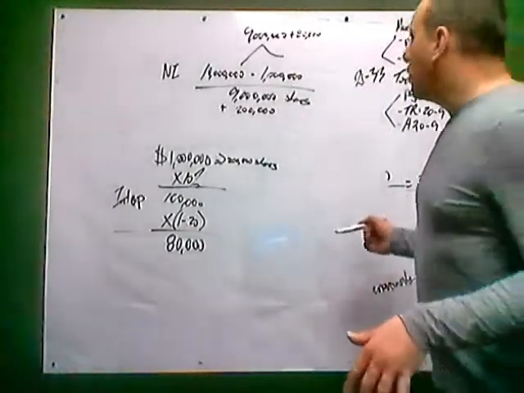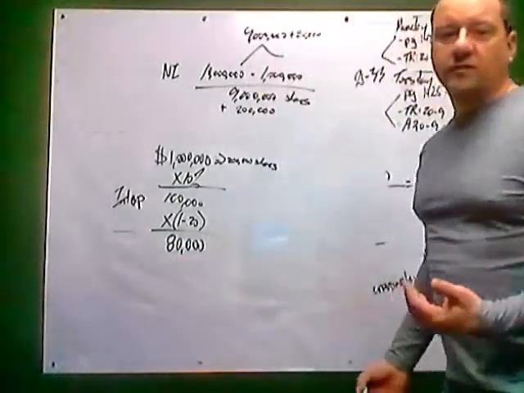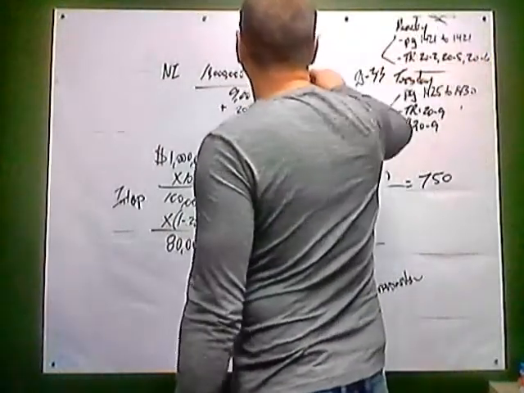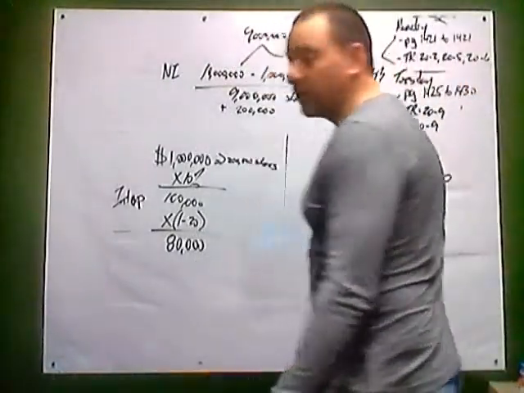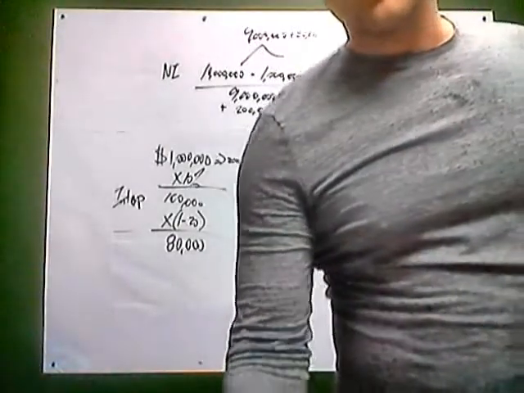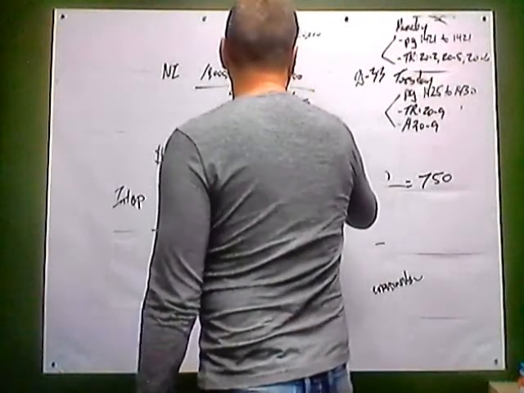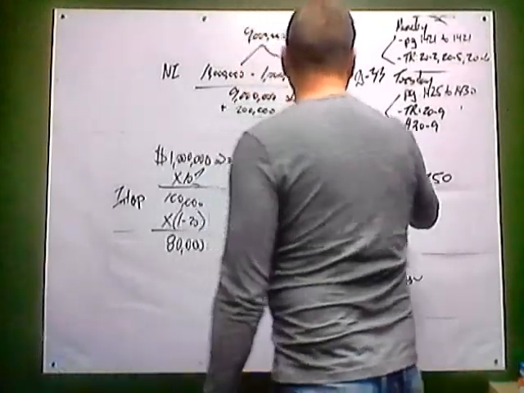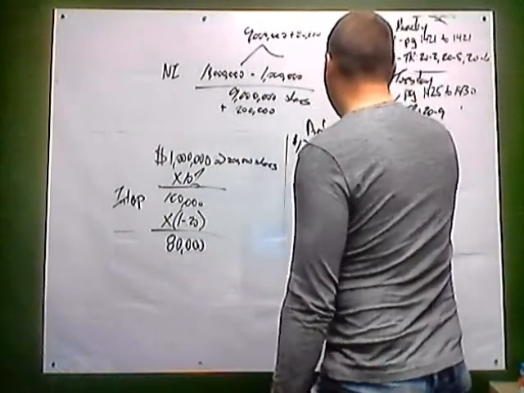Now, we also gain some money because we don't have to pay a preferred dividend. So if we no longer have preferred shares, the same type of thing happens. If we had, let's just say, $1 million of preferred shares that converts 1 to 1, now we don't have any more preferred shares.